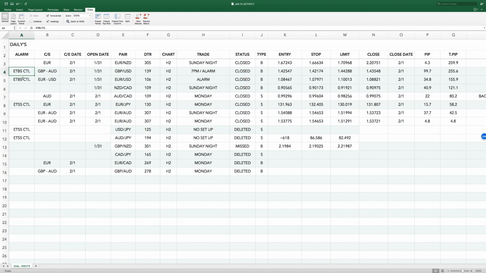But yeah, definitely. And just to be clear, while we're on this side of the sheet, these columns right here, the CE, that's a calendar event or a fundamental announcement, if you will, and the date. That right there, guys, is just letting me double check that I don't trade into a bad situation, like Mr. Draghi or Janet Yellen getting on the mic, and a lot of times she brings a lot of energy.